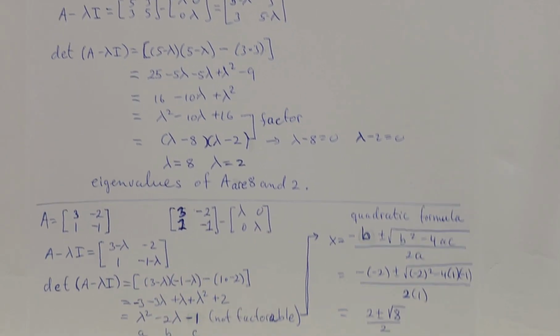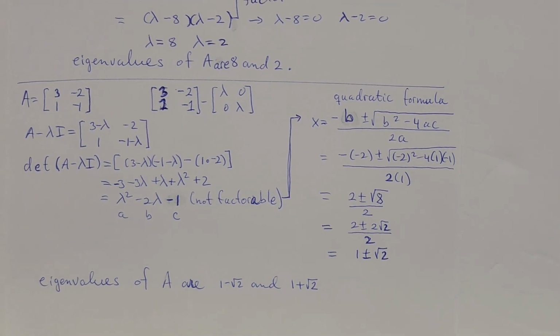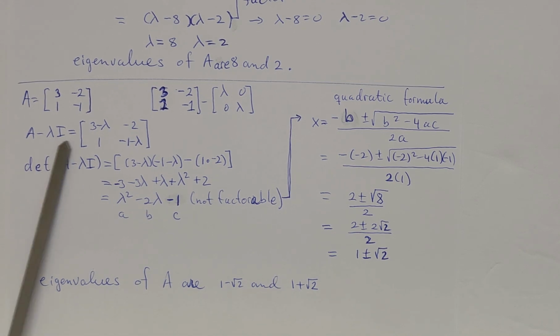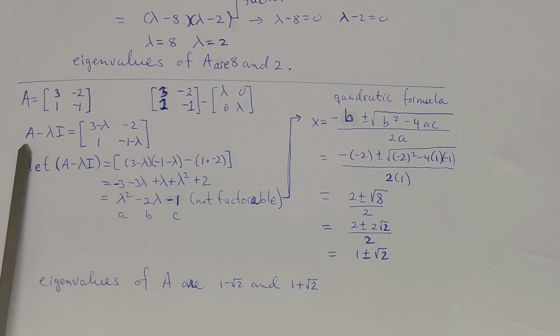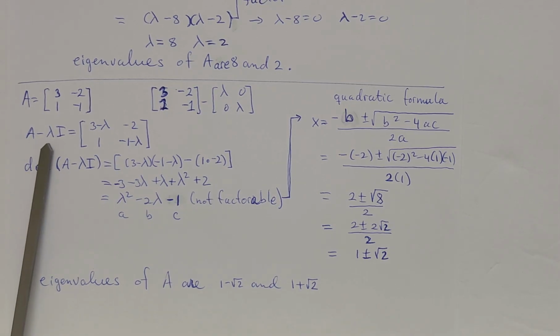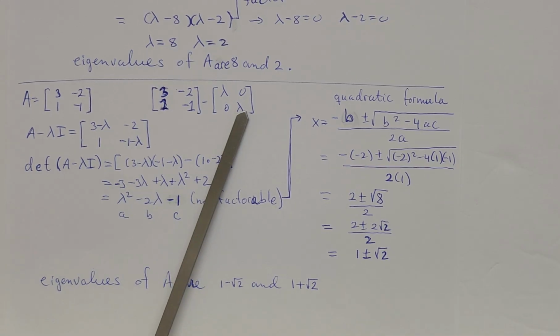Next, same thing, a 2 by 2. So here I have the matrix, and I multiply lambda by the identity and then subtract it. So A minus lambda times I. Again, lambda times I is this, which is our identity.